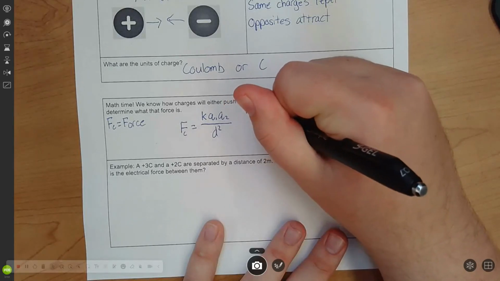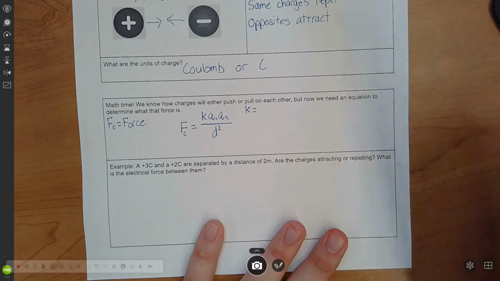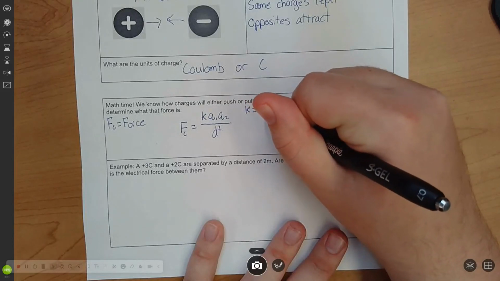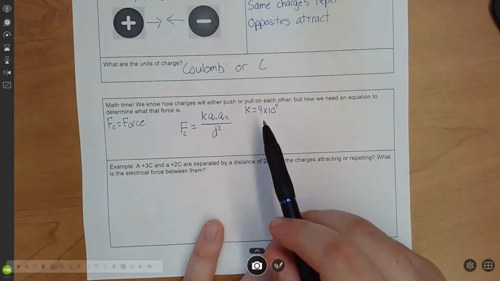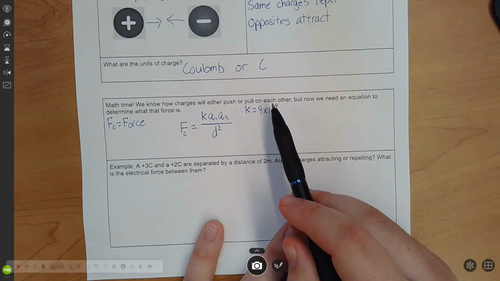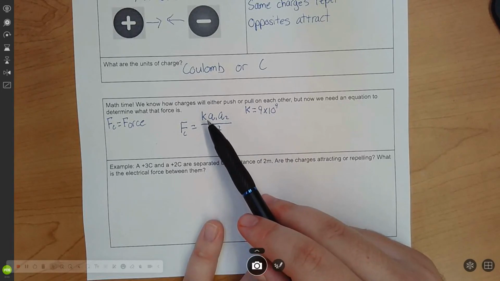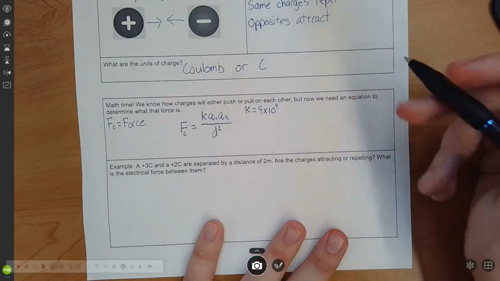So you're going to use the same number for K in every single problem, which makes them nice and easy for us. K is equal to 9 times 10 to the power of 9. This is going to be our main number that we use for this unit. This is called Coulomb's constant. So we've got 9 times 10 to the 9. Always, that's what we plug in for K.